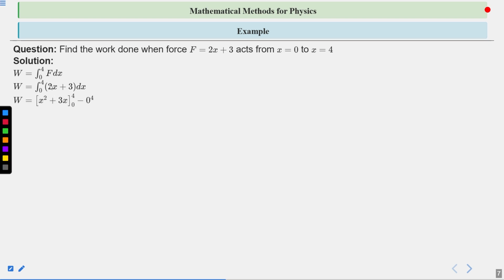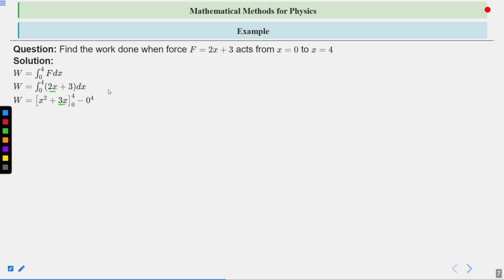So integration of 2x plus 3 dx, limit is 0 to 4. So integration of 2x is x square plus, and integration of 3 dx is 3x. How? We know there the term is 2x. So the rule to integrate any given variable is to raise 1 in the power and take the power in the denominator.